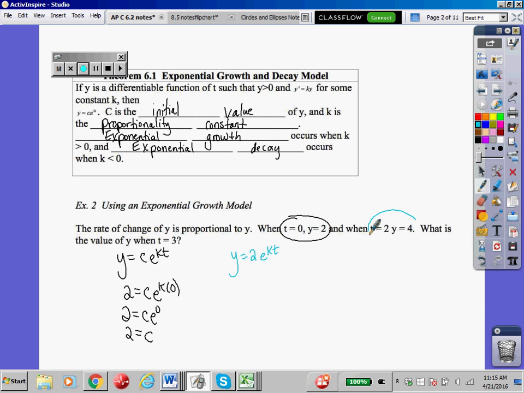I still have something else that's unknown. So a second ordered pair helps, because I can plug in t is 2 and y is 4, and then the only thing missing in this equation will be k. So this is 4 equals 2e to the k times 2 power.